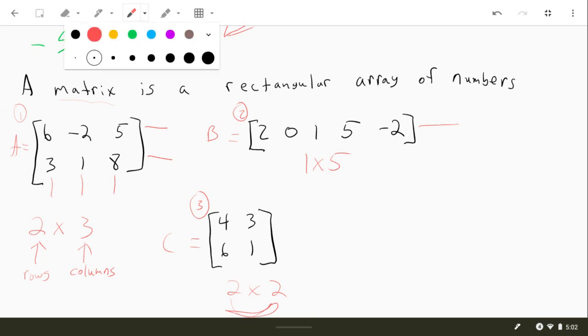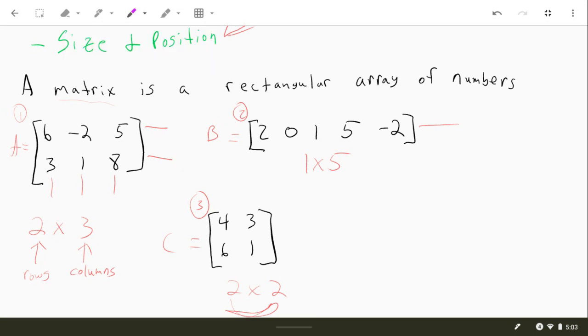Lastly, here is how you can identify certain numbers, or elements, positions within a matrix. For instance, let's say I wanted to describe that number there, that 5. The first thing I would do is put the matrix that I'm talking about, and then in a subscript I'm going to put the row and column position that it's in.